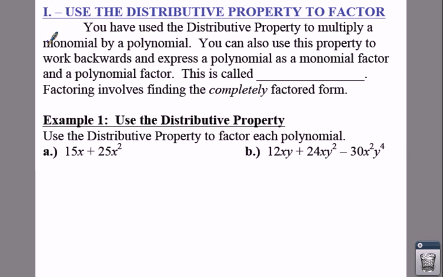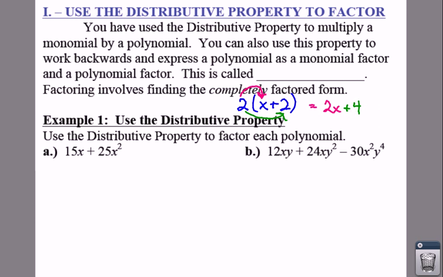Anytime you have the distributive property, like we learned back at the beginning of chapter 8, if we had 2 times the quantity x plus 2, the distributive property means we would multiply 2 times x and get 2x, and then 2 times 2 and get 4, so you get 2x plus 4.